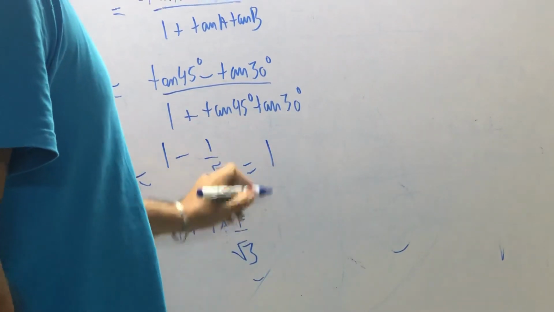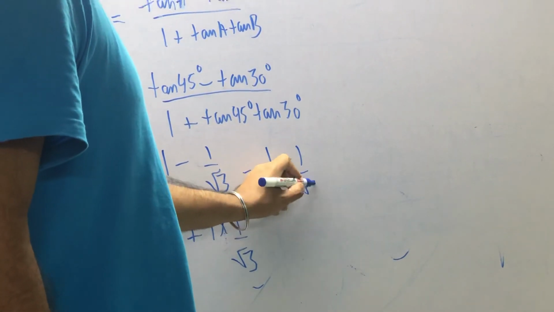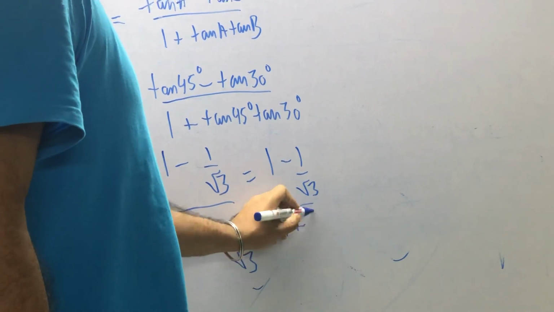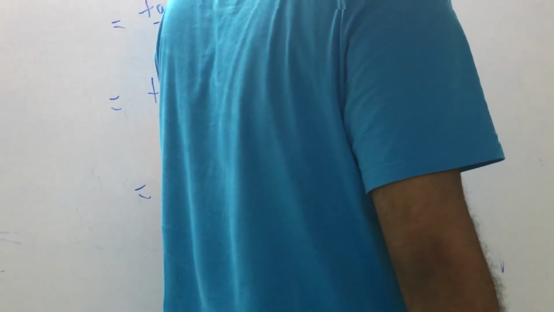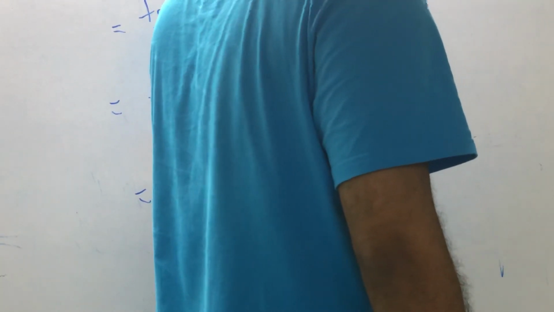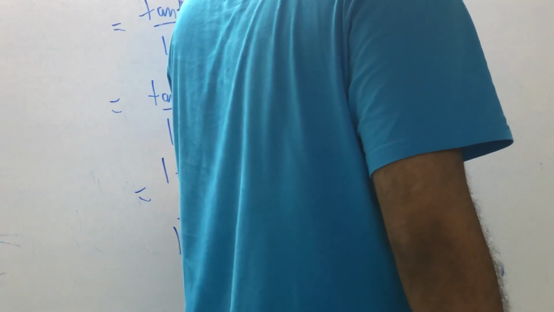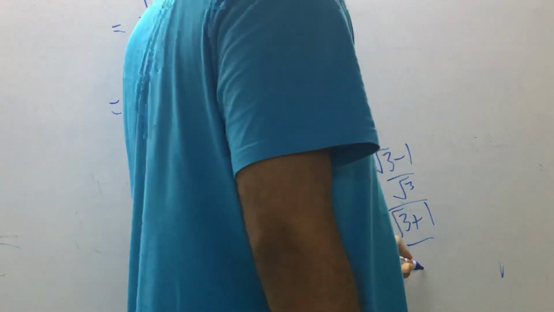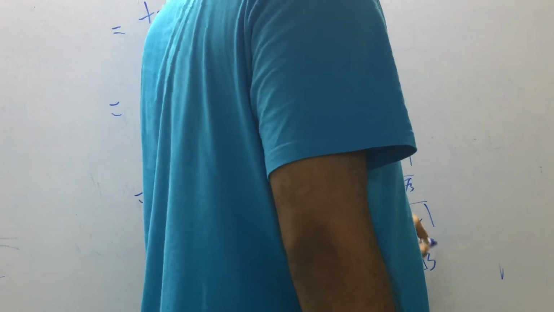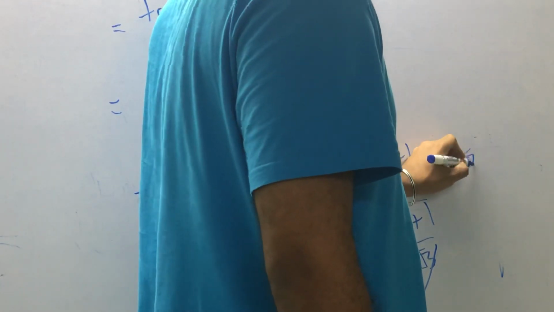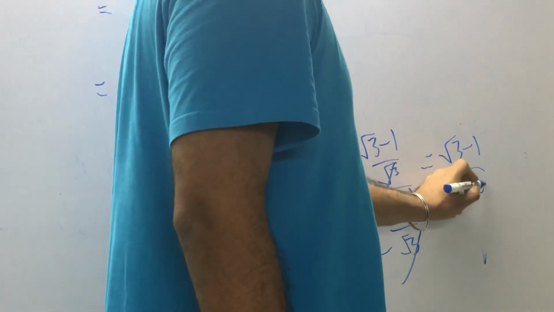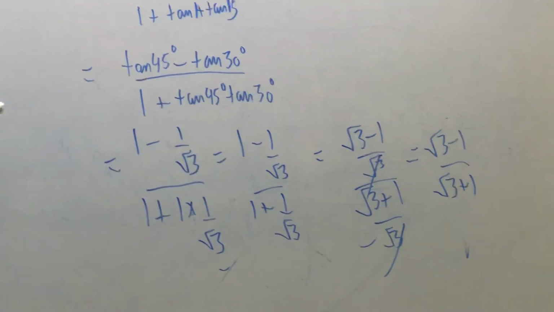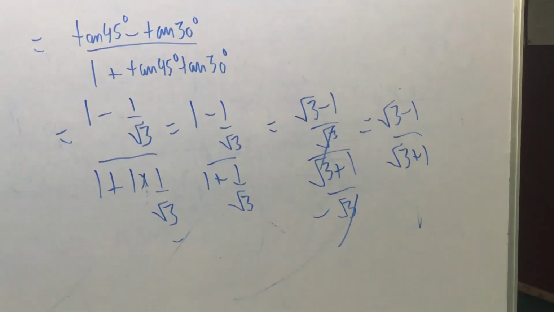So in other words you can write 1 minus 1 by root 3 upon 1 plus 1 by root 3. What is the LCM? Root 3. So just take the LCM, and this is your answer: root 3 minus 1 upon root 3 plus 1.